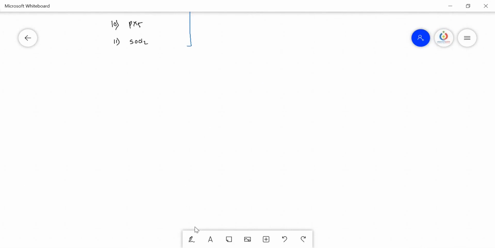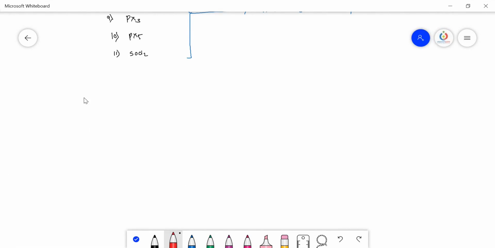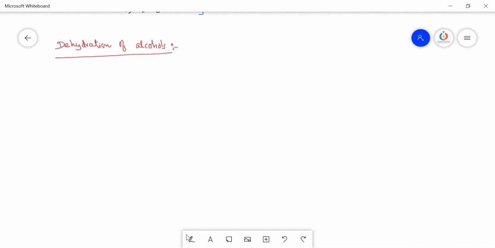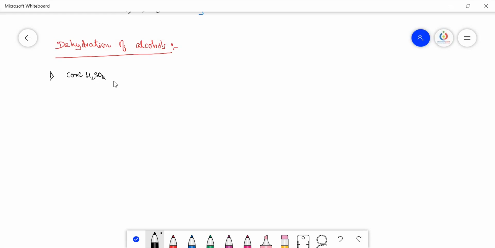So now our discussion about the dehydration of alcohols. Dehydration of the alcohols with the first three reagents: concentrated H2SO4, H3PO4, or KHSO4.